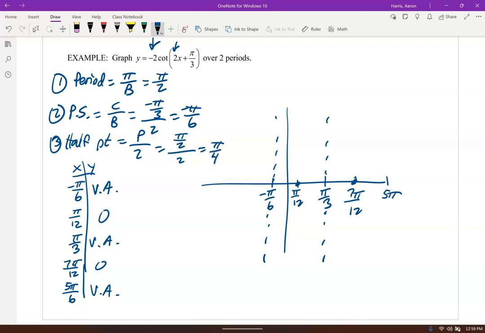And 5 pi over 6 gives us another vertical asymptote. This is the negative cotangent, so instead of decreasing, I flip that over because of the negative, and it's going to be increasing.